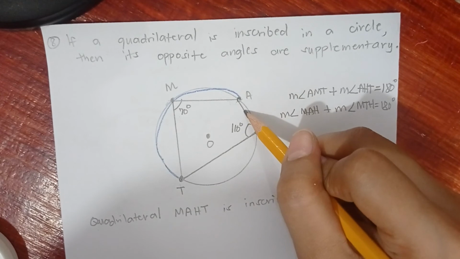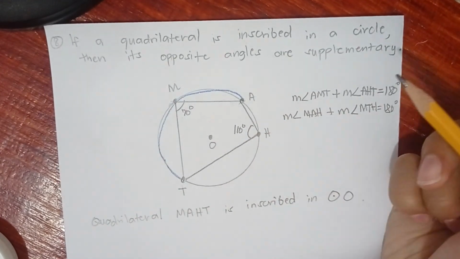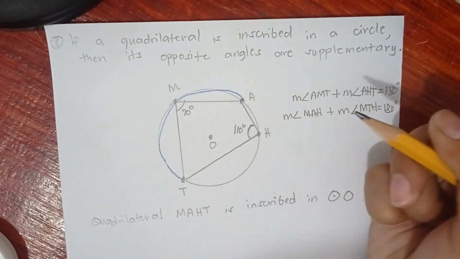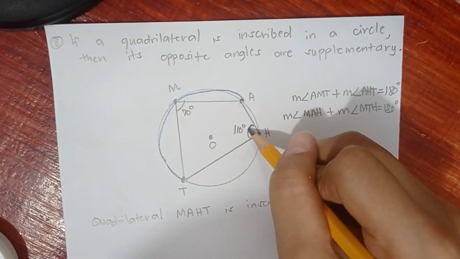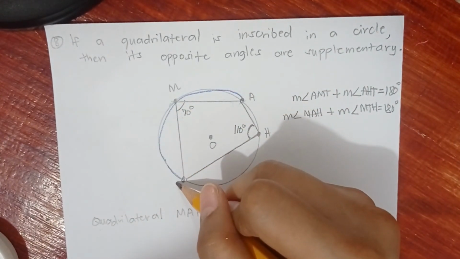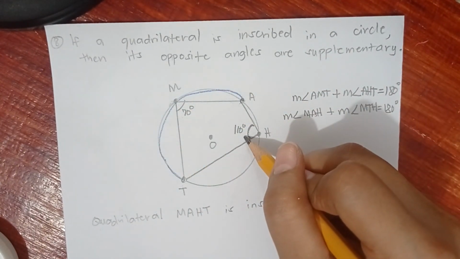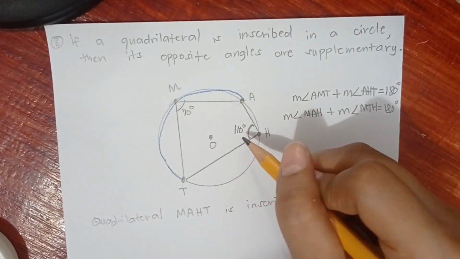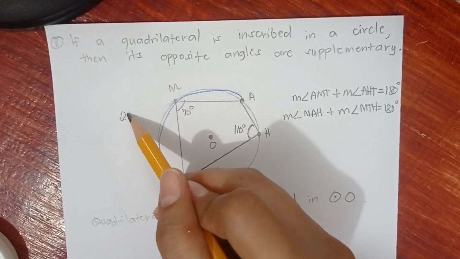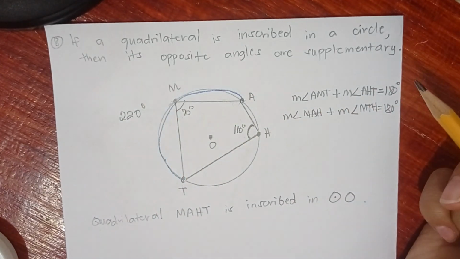Dito, sa point H. Ibig sabihin, ito yung inscribed angle na tinutukoy. So, itong inscribed angle na to, para makuha yung measure ng intercepted arc niya, anong gagawin? You multiply it by 2. So, 110 times 2, that will become 220 degrees.